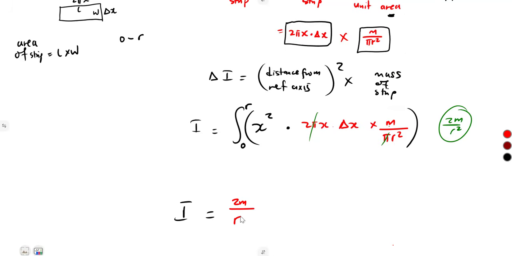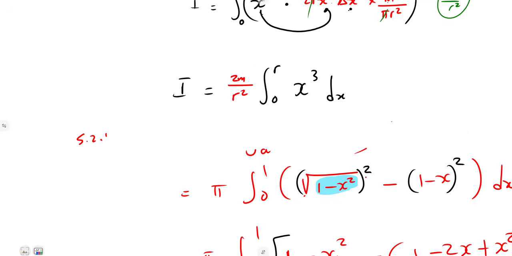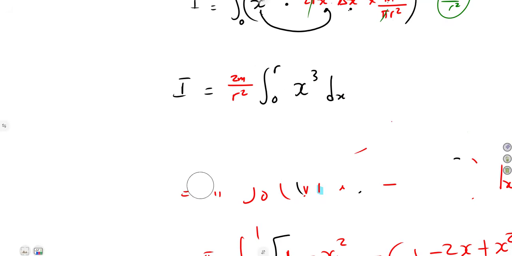Since we integrate with respect to x, you must be left with x as the variable. So x squared times this x gives us x cubed, which you integrate with respect to x. Then you have your limits. You are done, just like that.